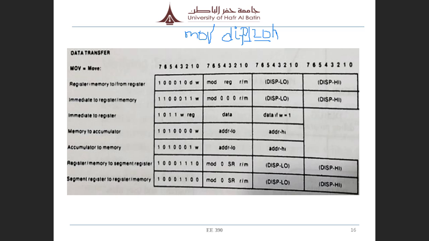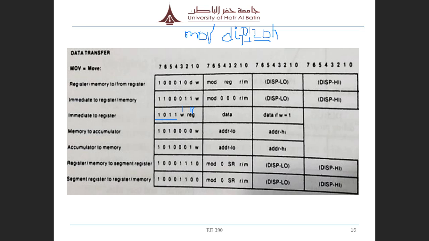All right, 0120. Now which format will we use? This one, immediate to register. 1011 is fixed, and then W is 1. And what is the value of the register field for DI? 111, right? So it becomes 111.